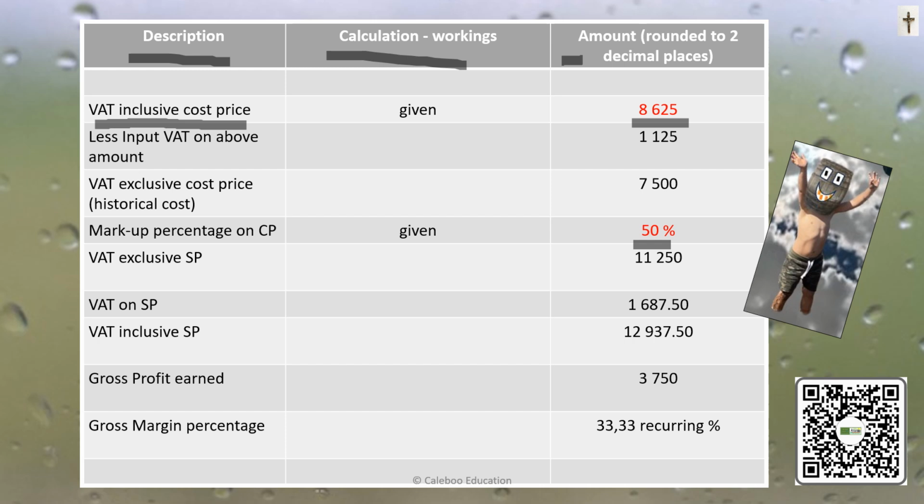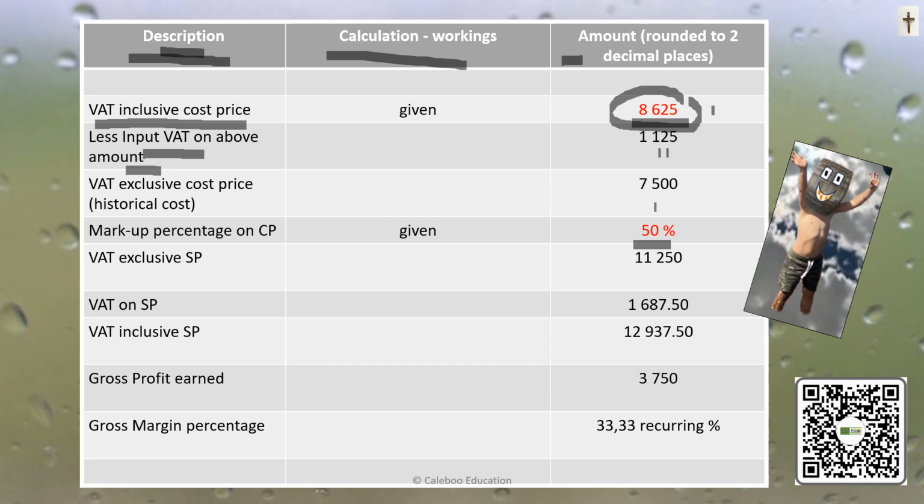So the numbers in red have been given to you. Now what we need to do, I've given the answers actually here, but I'm going to show you how to get the answers. So we need to calculate, according to the description here, the input VAT on the above amount. So we need to calculate the input VAT on the 8625. And I have given you the answer. It's 1125. But how did we get the input VAT on the 8625?